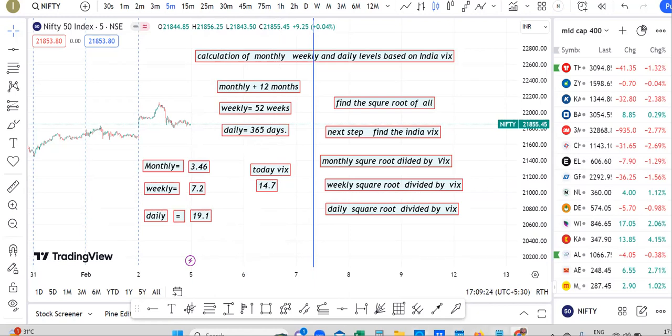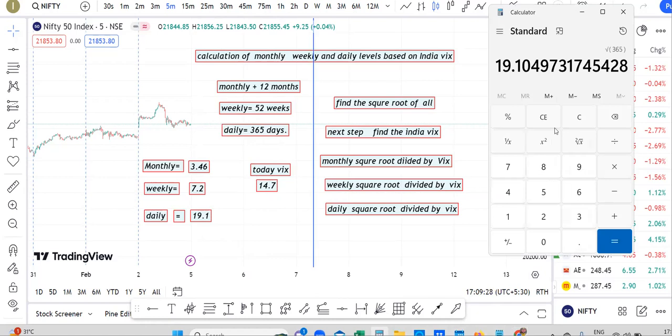I'll take the calculator. 14.7 divided by 3.46. We are getting the value as 4.24.